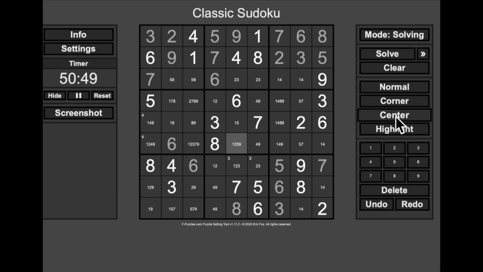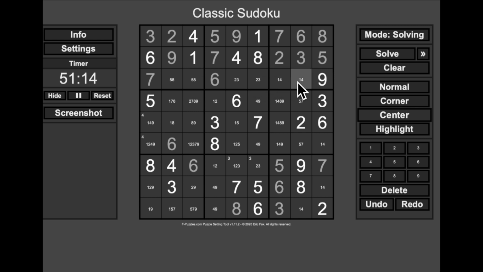Let's see, this is not 9. Still, this could still be 1, 2, or 5. 2 and 3 and 1 and 4.